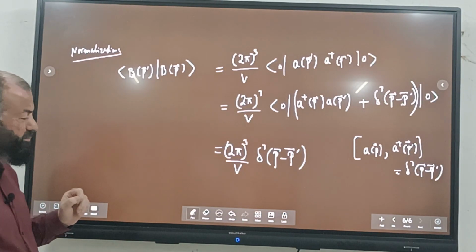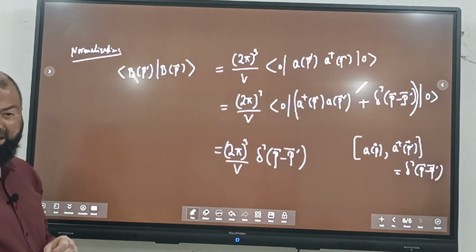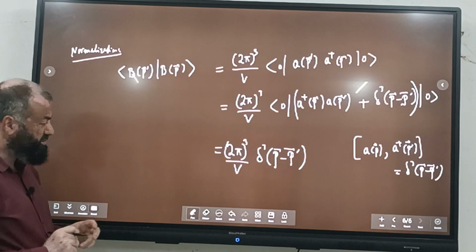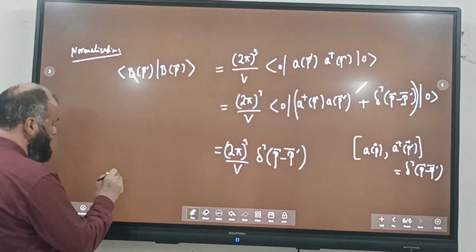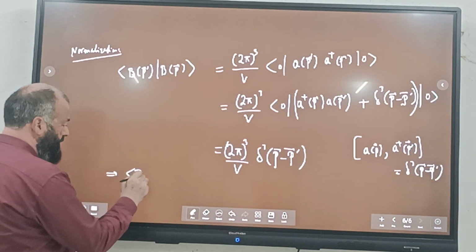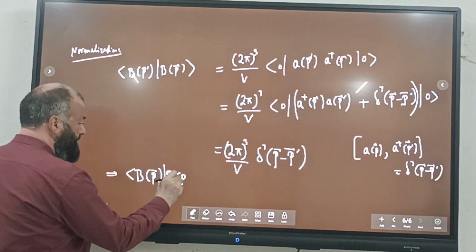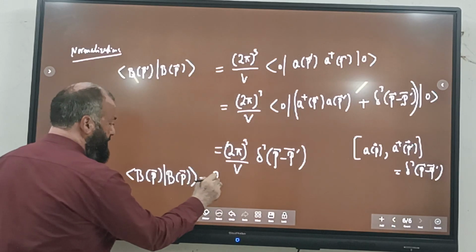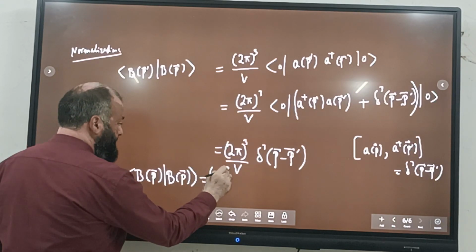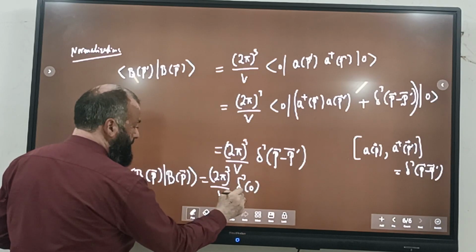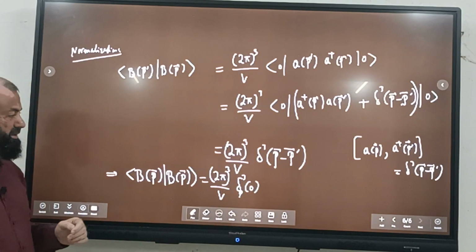Now let's take P equal to P prime. I have to figure out the norm of the state. If I take P equal to P prime, you have this B of P, B of P. So what you get is actually an infinite quantity, delta 3 of 0, in momentum space.